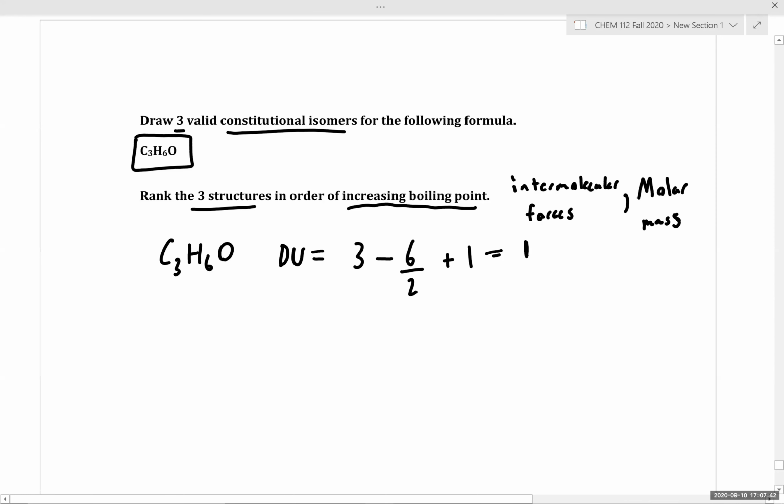And that would in turn give us a DU value of 1. So we have 1 double bond or ring.